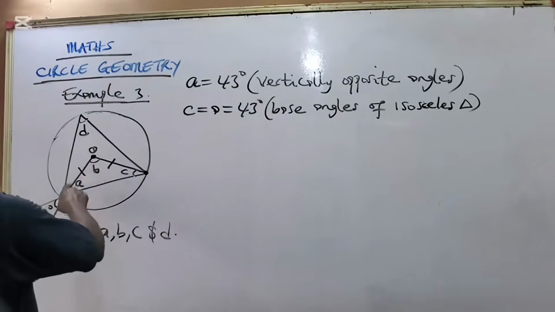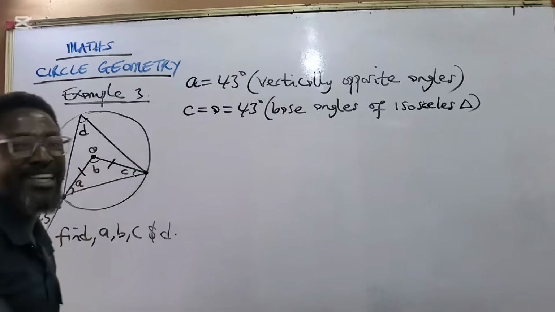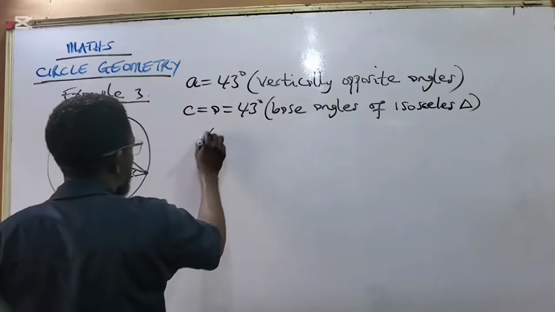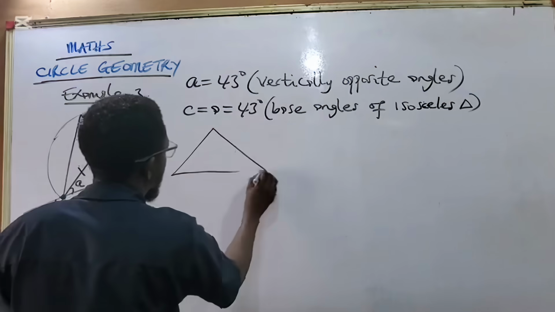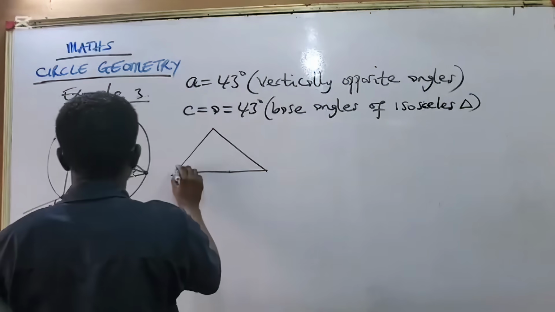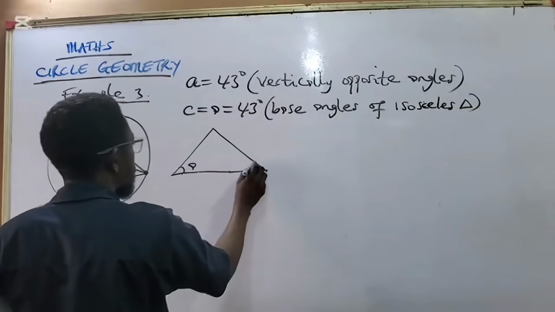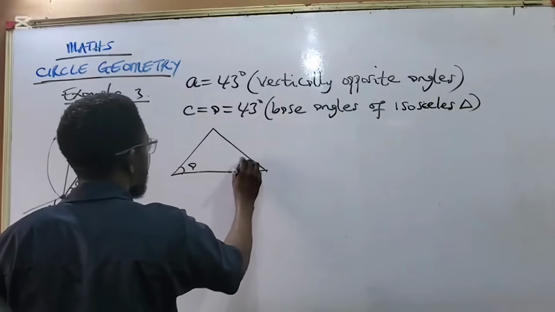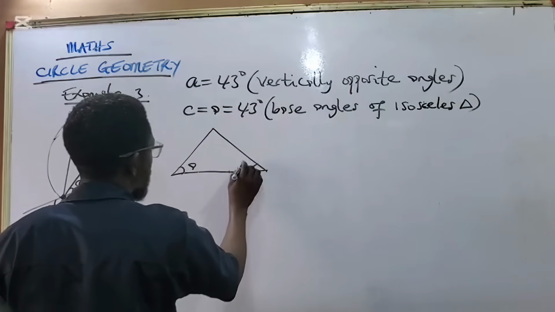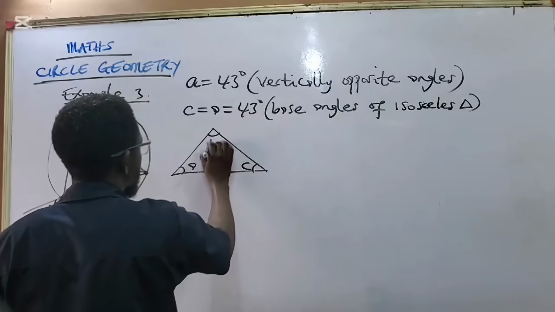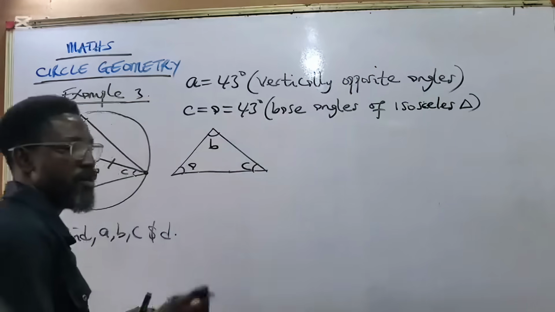So the next thing I will do is to get the value of B. Look at this one now. We have a triangle here. Here's A, here's C, and here's B. So that's the complete triangle.